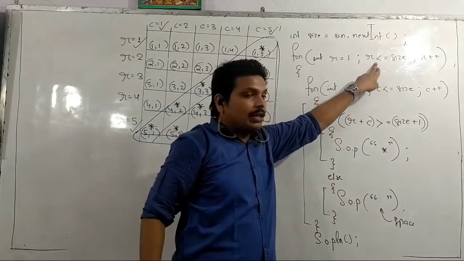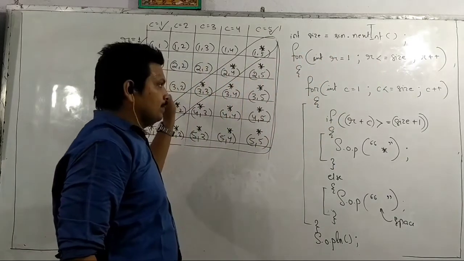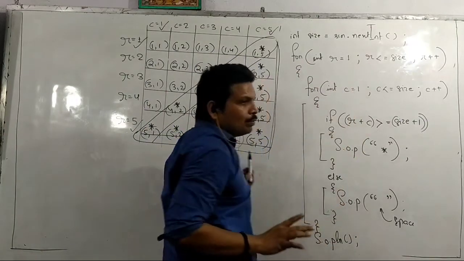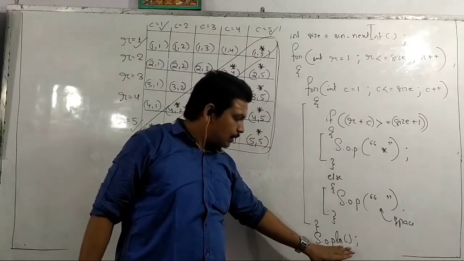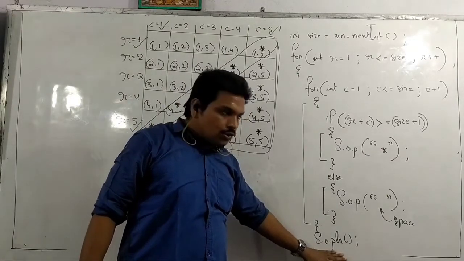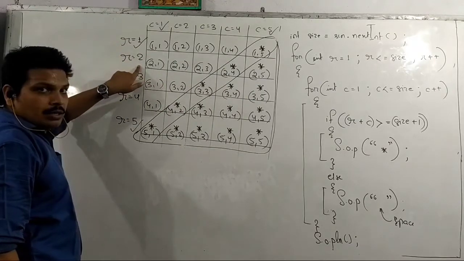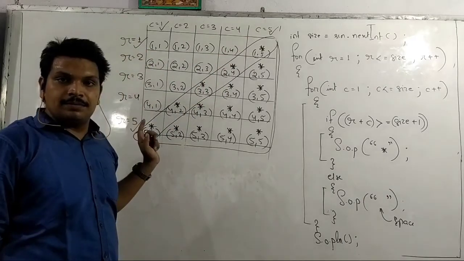The outer for loop value. Here also you can write System.out.println, but let me write it here. Clear? So, just before the modification of the value of R, we are taking the cursor to the next line.